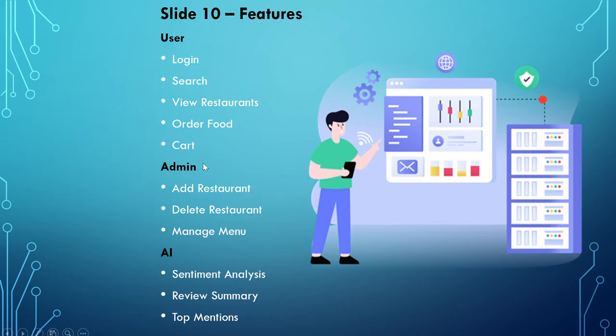On the other hand, the admin can manage the restaurants and menus. It can add restaurants, delete restaurants, and manage the menus. On the other hand, the AI module analyzes the customer reviews and provides meaningful insights, through which it helps the consumers to understand and get the best restaurants for them.